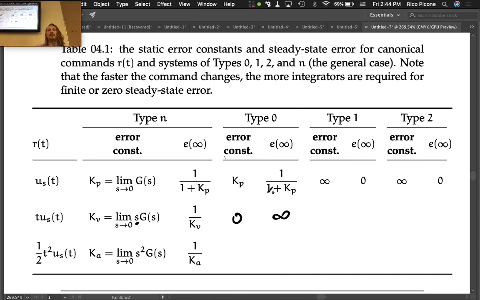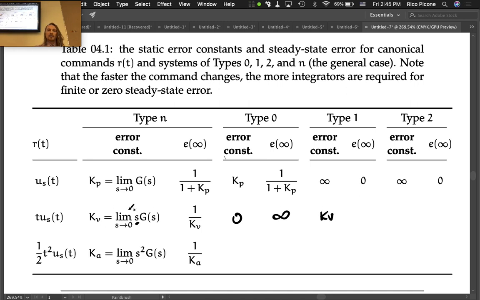So if you have a type 0 system, you have no integrator in your system, and you have a ramp command, you can't keep up with it, essentially. The steady state error is just going to go off to infinity. With type 1, you include one integrator. We get back to the finite situation where we have a Kv as the error constant.